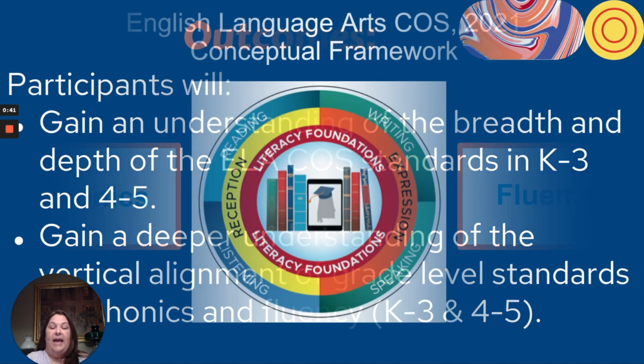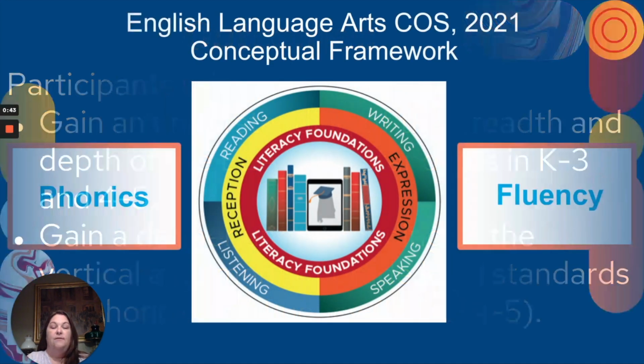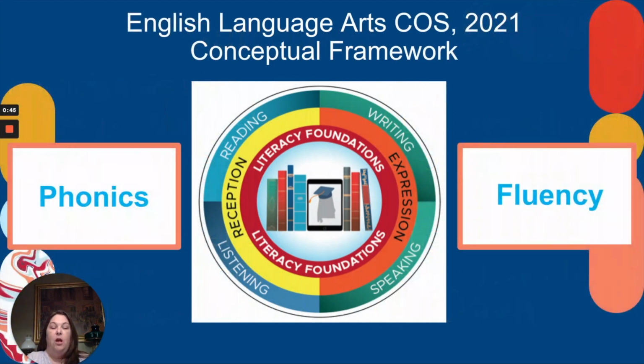As we look at the 2021 ELA Course of Study Conceptual Framework, we know that it is a visual representation that helps to illustrate a body of interrelated objectives and fundamentals. It is a visual tool that helps you analyze and gain a comprehensive understanding of the makeup of the 2021 ELA Course of Study.